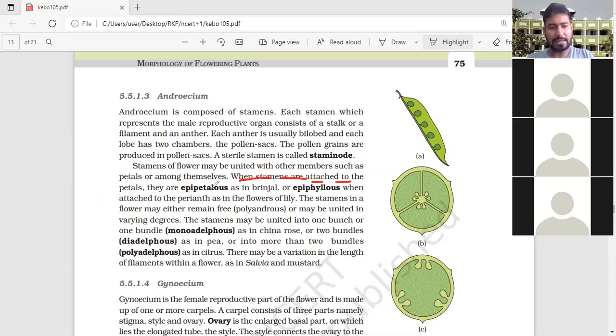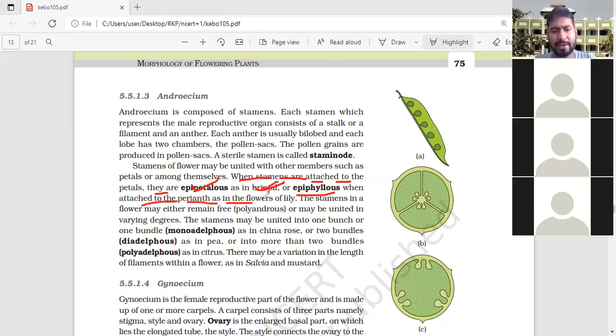When stamens are attached to the petals, this is called epipetalous, found in brinjal. Epiphyllous means attached with the perianth, and the perianth unit is considered a tepal.